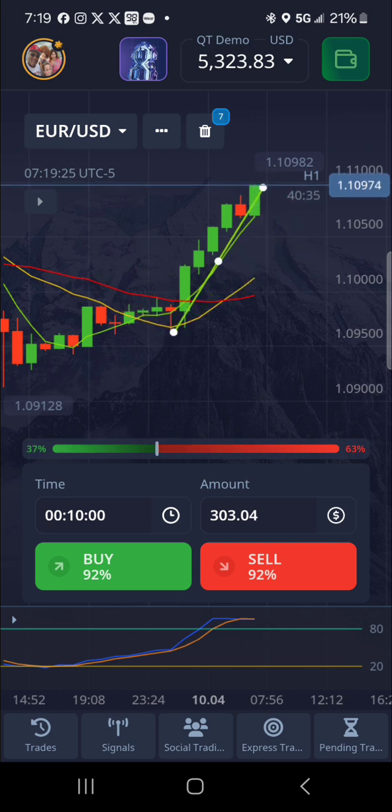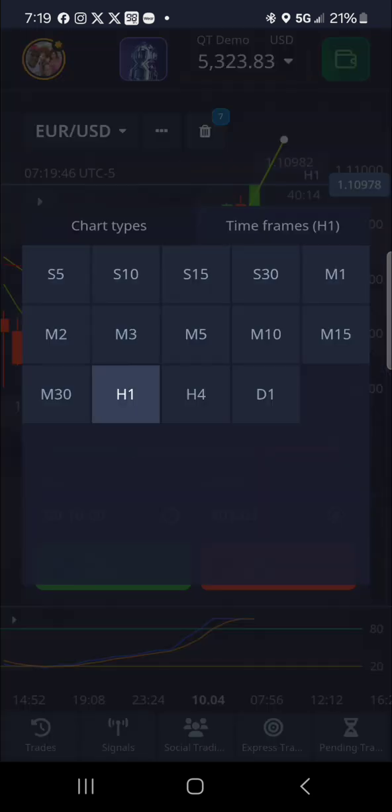Not on the one that's currently going on. You want to put it on the one that's already finished, and always on the bottom wick of it. Okay, so that's how it's looking. Let's see how it looks on a 5-minute time frame.